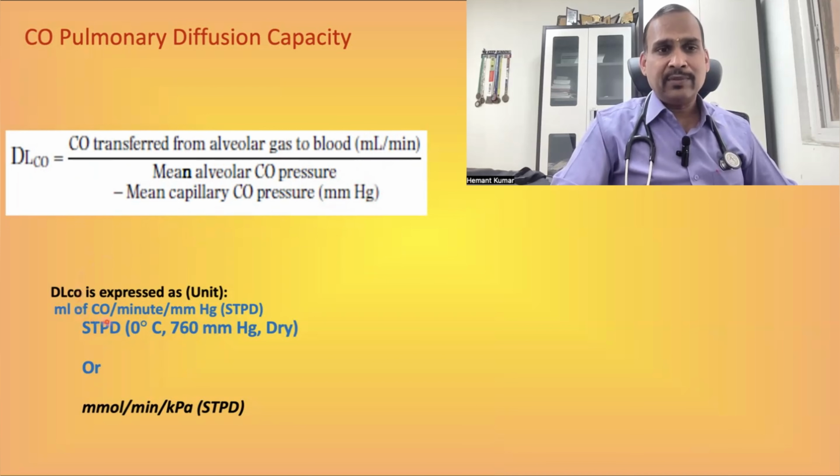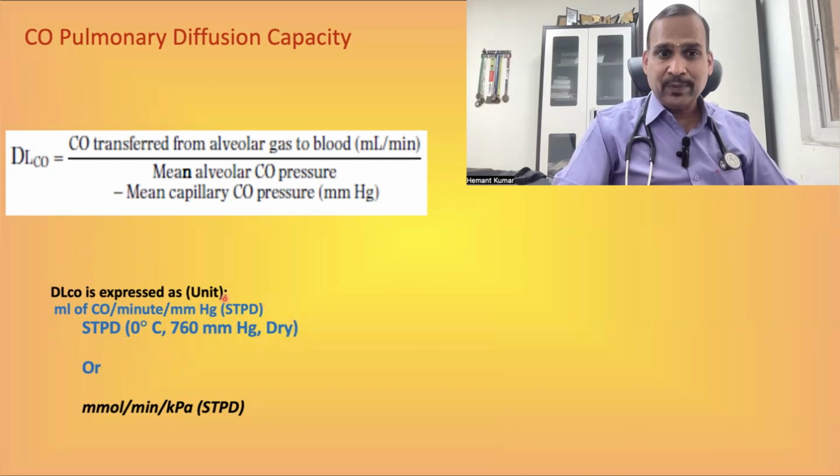So amount of carbon monoxide in ml diffuses per minute per mmHg in standard temperature, pressure and dryness. STPD should be constant, because the diffusion of gas depends on temperature, pressure and dryness.